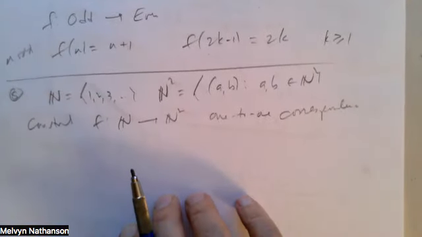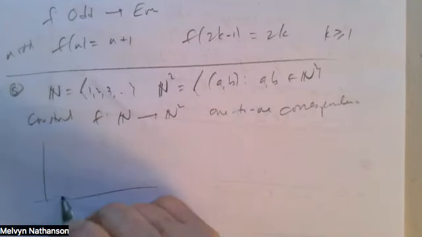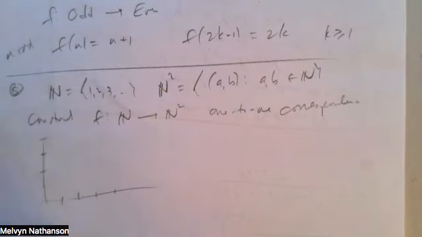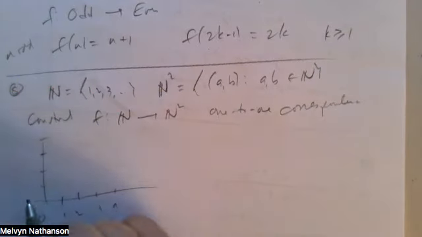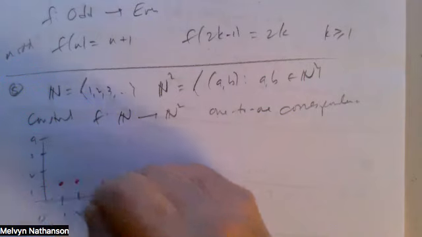So I can show you one way to do this by drawing a picture. I mean, this will be the method. So what are the points? This is 0, 1, 2, 3, 4, 1, 2, 3, 4. So the points with positive integer coordinates, so they don't lie on the x or the y axes, but it's these points.